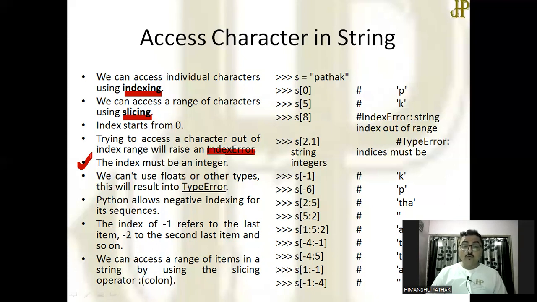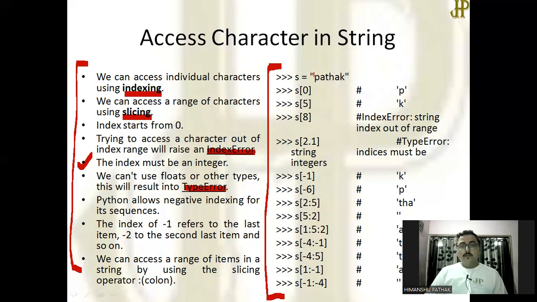If we do so, then a type error will occur. Again, negative indexing is possible, and it starts from -1, then -2, -3, up to the length of the string. Clear? And all these points are indicated with the example shown here.